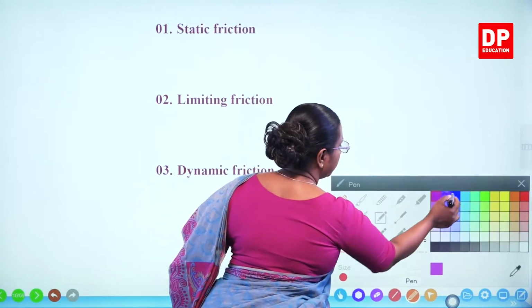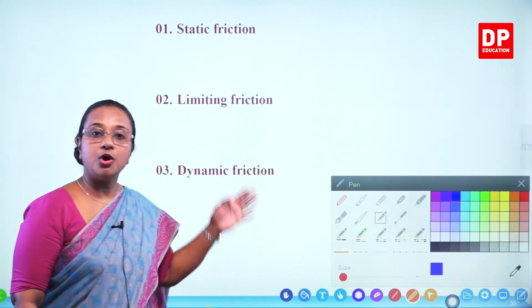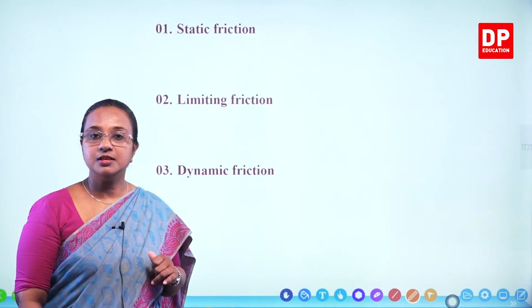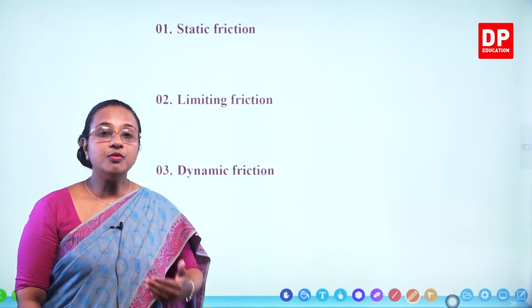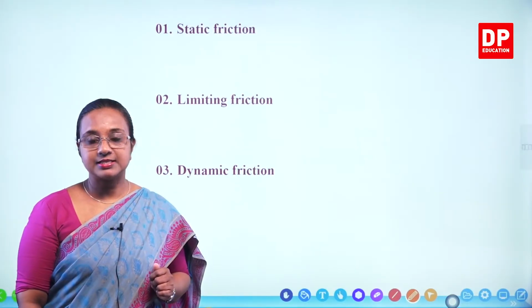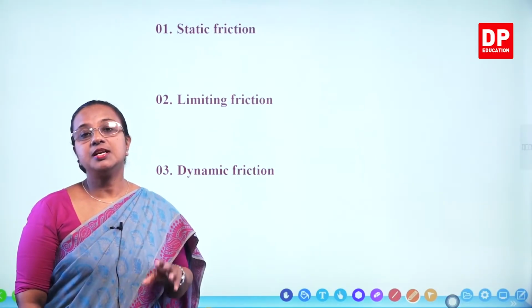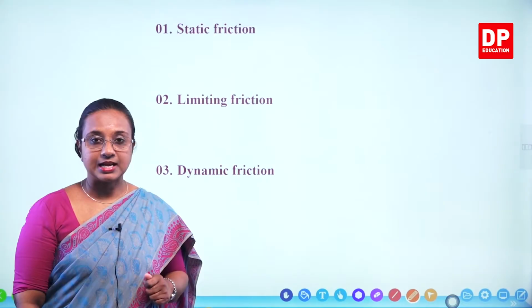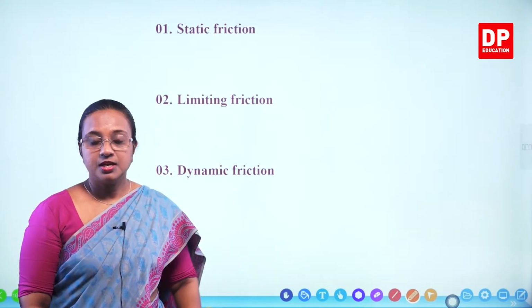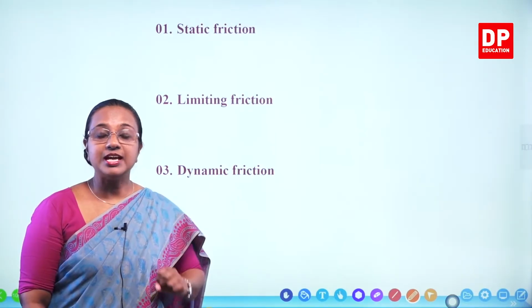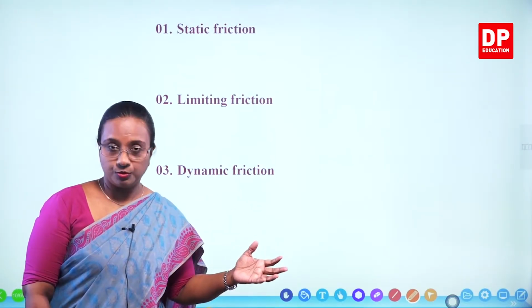So now you're very familiar with all three states of friction. When an object is trying to move relative to the contact surface, the friction exerted by the contact surface is known as static friction. That is when the object is unable to move.